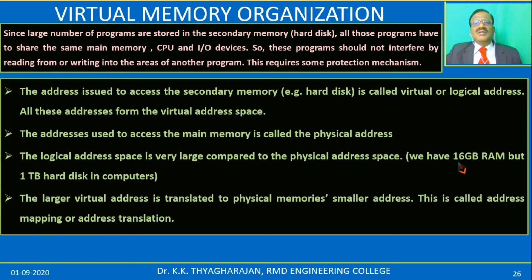We have 16 GB RAM, that is the physical address space, but a 1 terabyte hard disk in computers, that is the secondary storage. The larger virtual address has to be translated to the physical memory's smaller address. This is called address mapping or address translation.